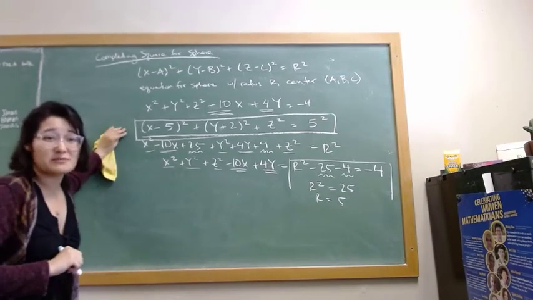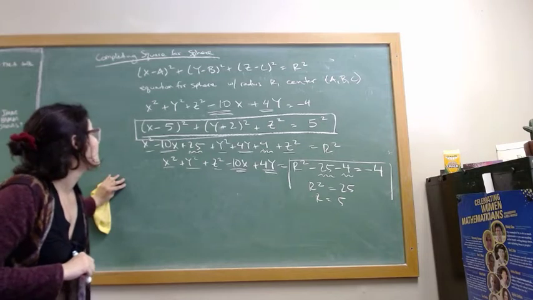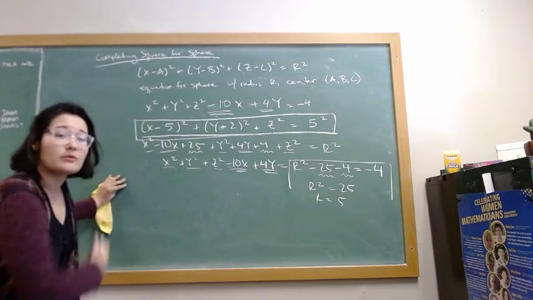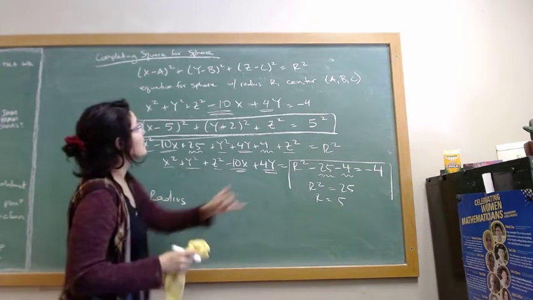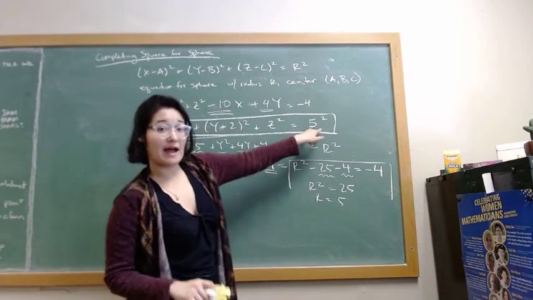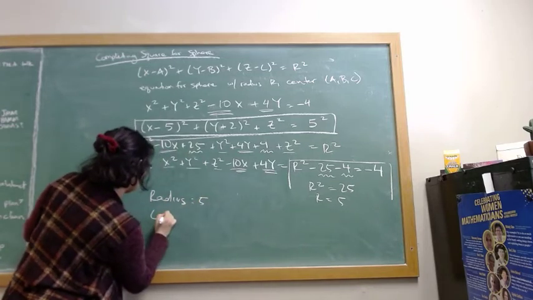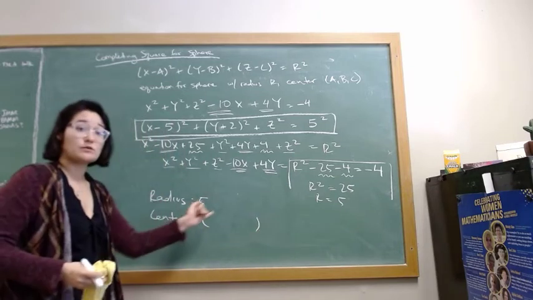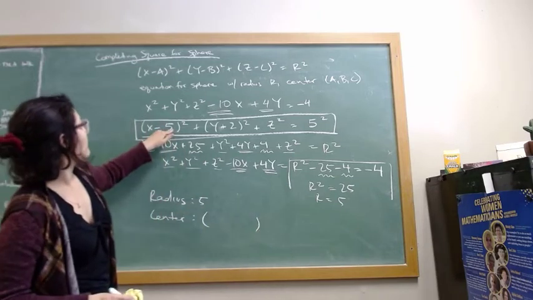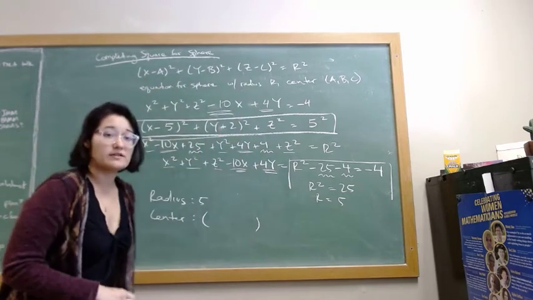Probably this was the toughest part for a lot of you, but I'm going to talk through reading off the center and radius, just so that we get good practice with it. The radius is whatever's squared on the right-hand side, that's 5. The center is going to be a point with x, y, and z coordinates based off of whatever's subtracted from x, y, and z inside these squared terms.